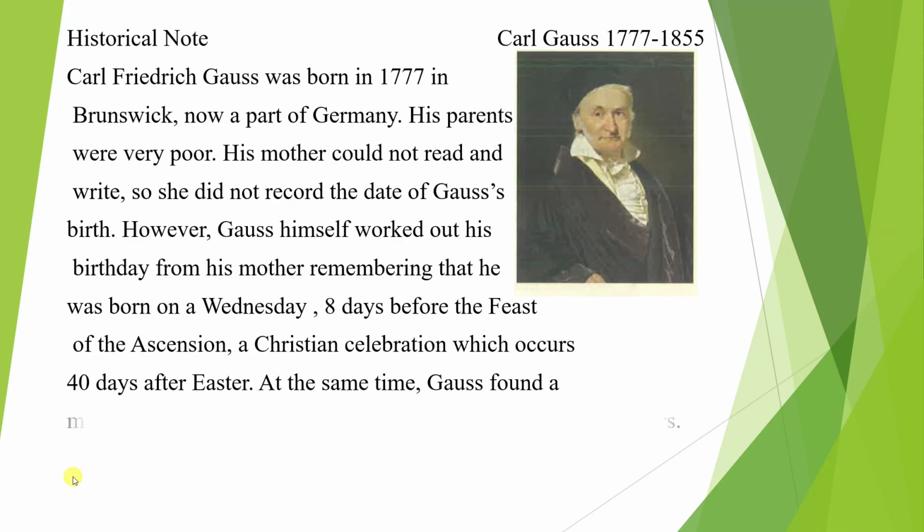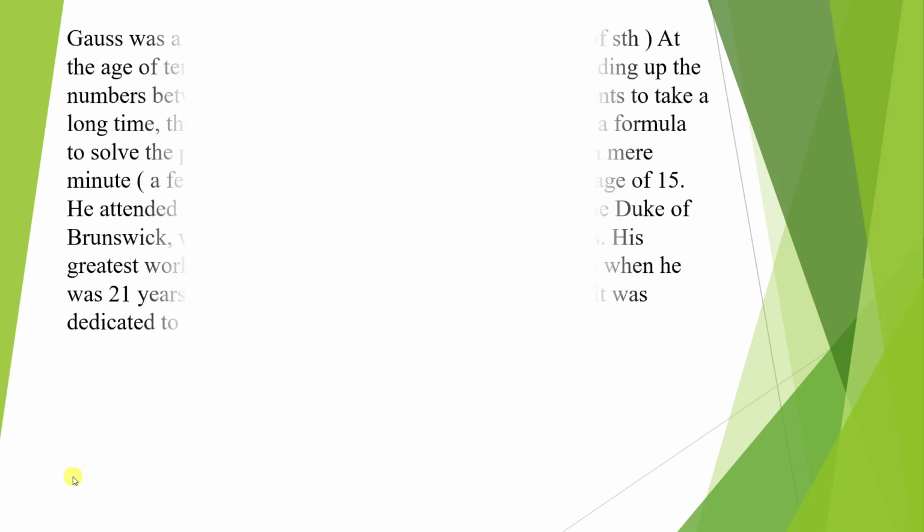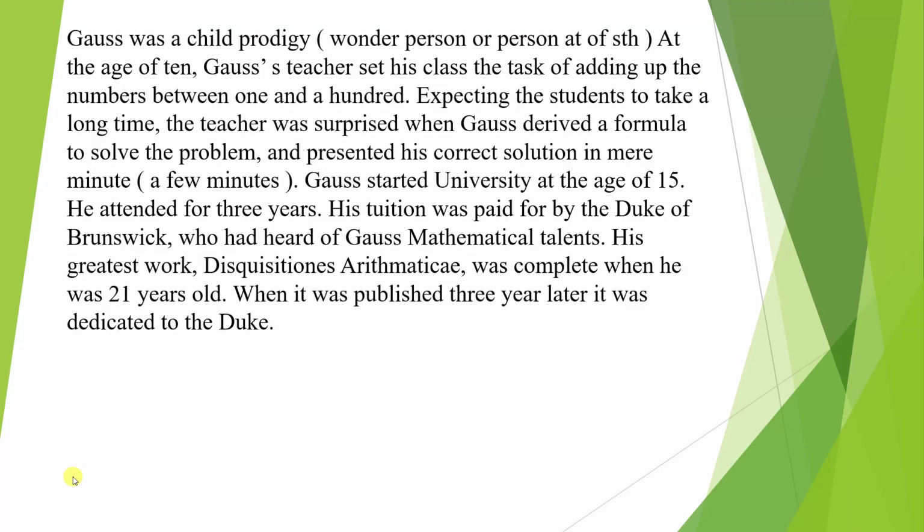At the same time, Gauss found a method for finding the date of Easter in both past and future years. Gauss was a child prodigy. What does prodigy mean? A prodigy is a wonder person, a person who knows about everything.